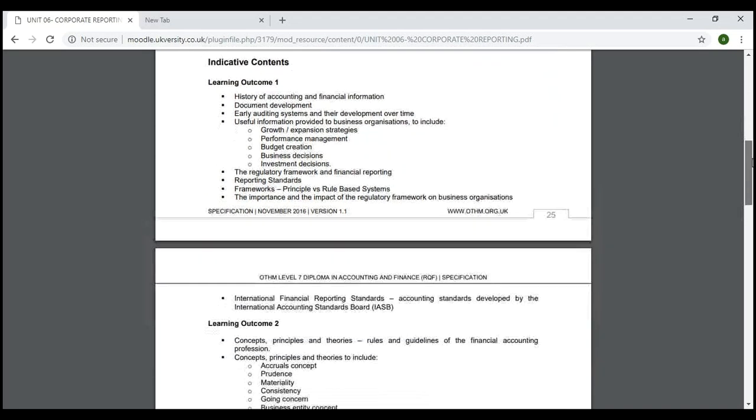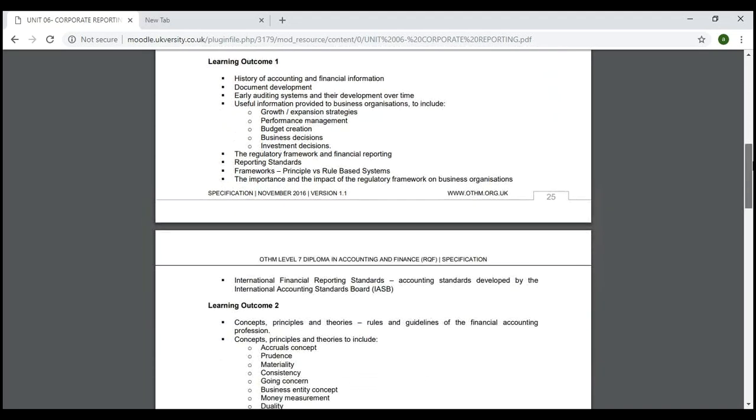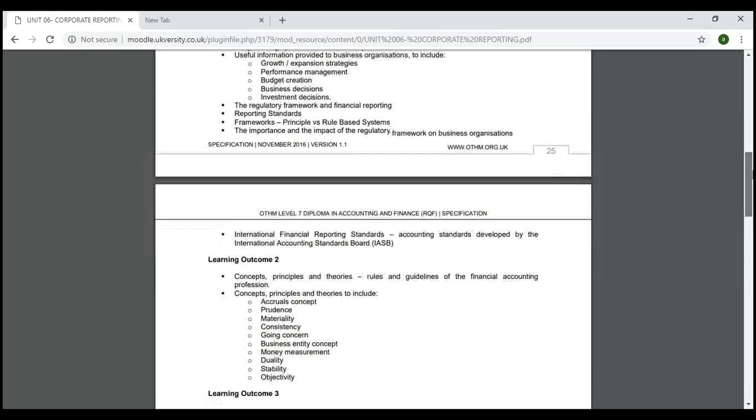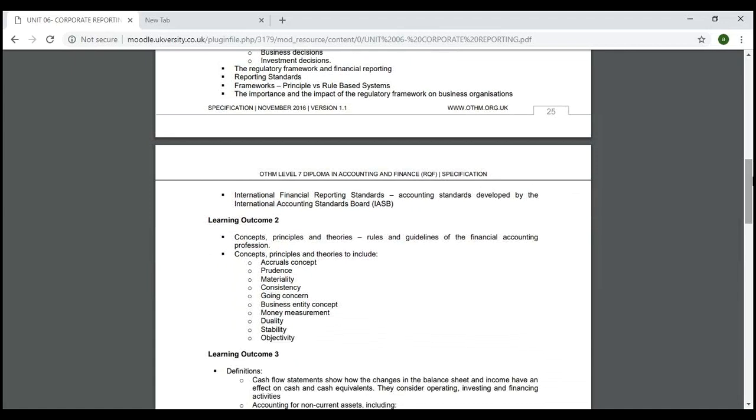We need to be focused on investment decisions too. The regulatory framework will be the focus today. Then learning outcome 2 covers concepts, principles, theories, rules and guidance in the financial accounting profession. The concepts and principles include accrual concept, prudence, materiality, consistency. All these we'll go through in today's lesson as well.